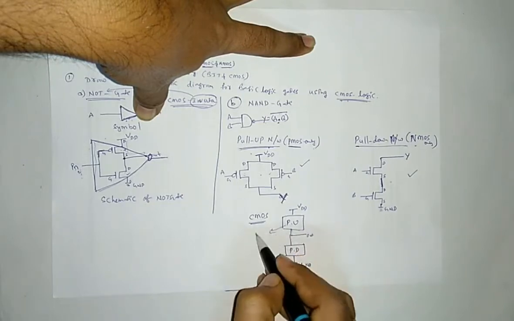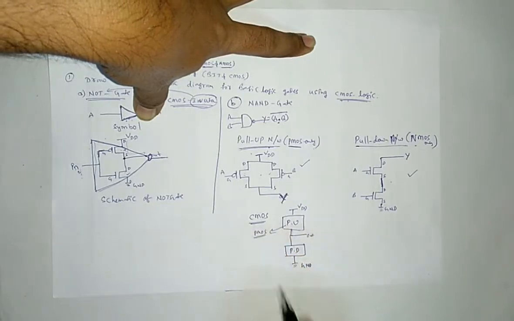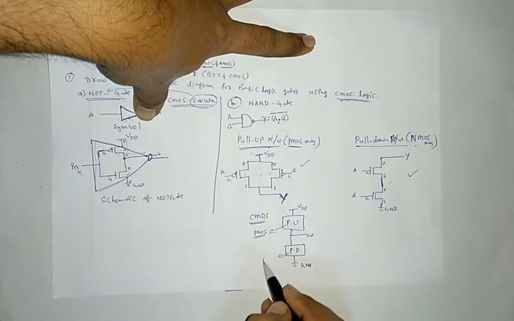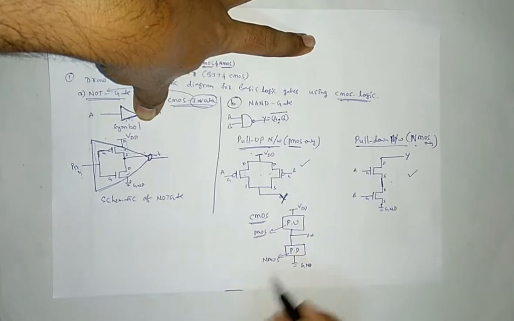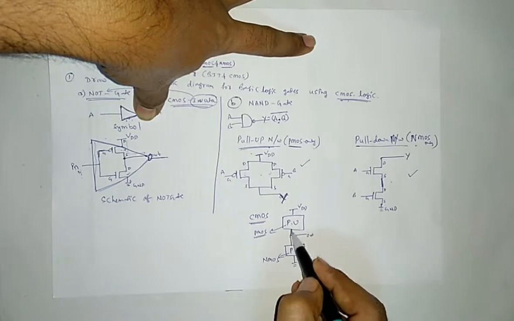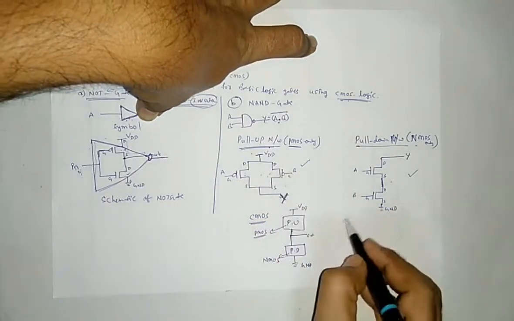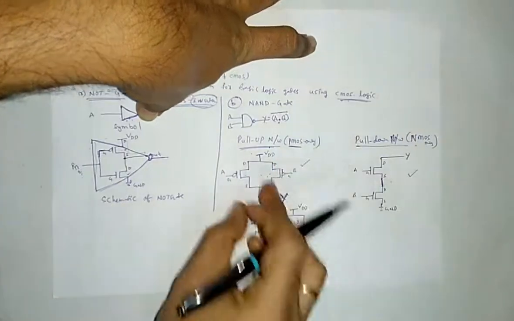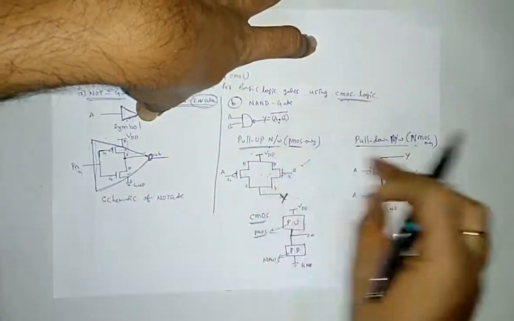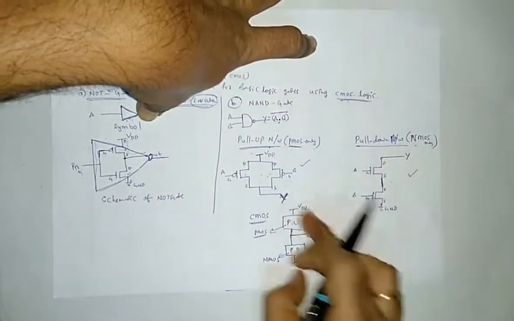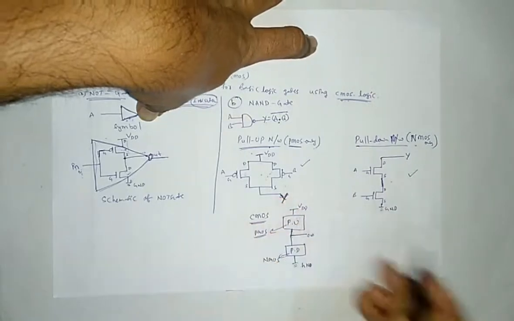The pull-up network is constructed using PMOS transistors, and the pull-down network is constructed using NMOS transistors. Right? Now the pull-up network is this one. Now we have to club these two structures in this fashion, and you will get CMOS logic.